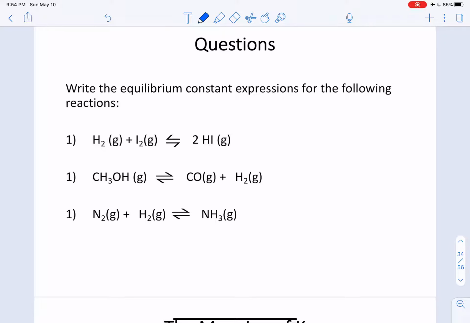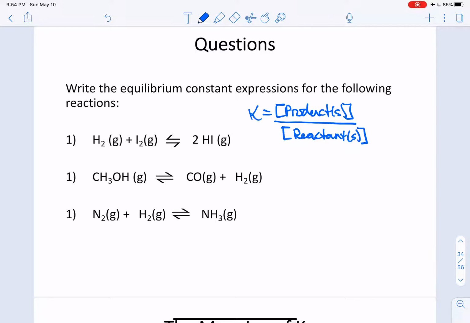Okay, so if we want to write the equilibrium constant expression, we want to remind ourselves that we have the concentration of the product or products over the concentration of our reactants.